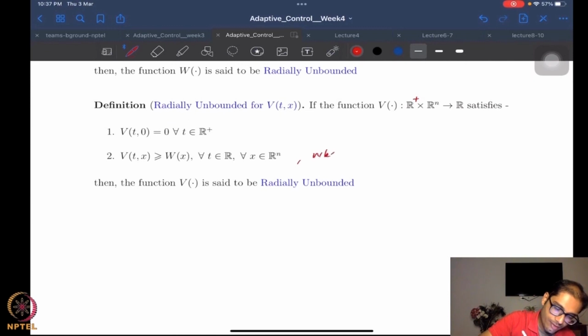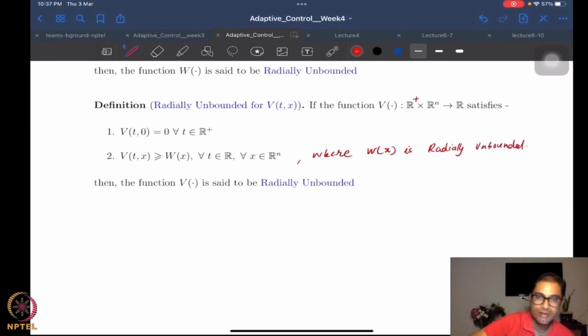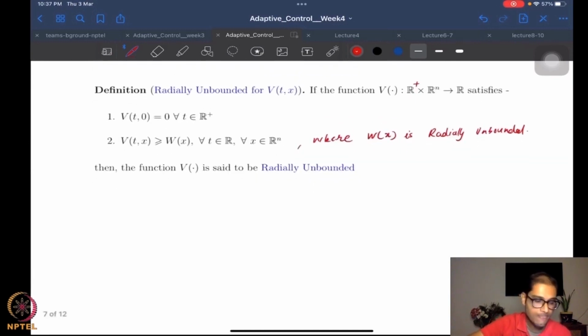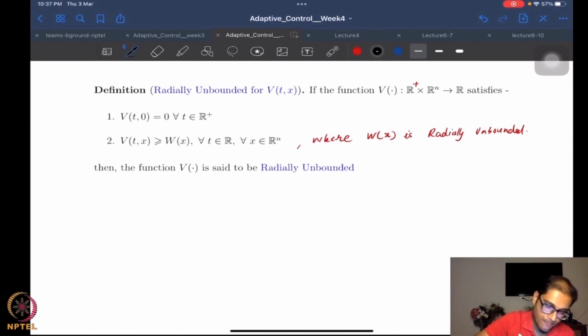Here W of x is a radially unbounded function of the state only. In this case, constructing examples is really easy.